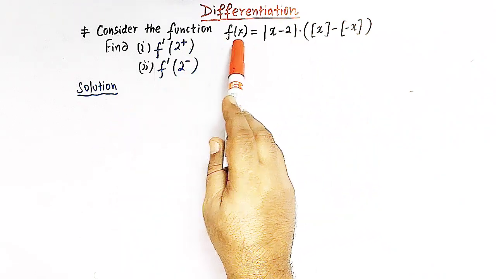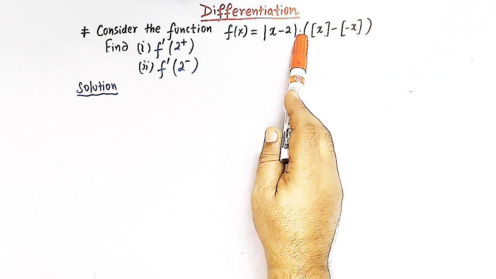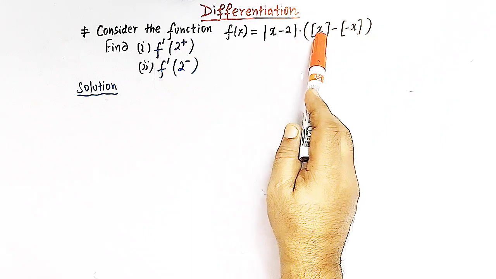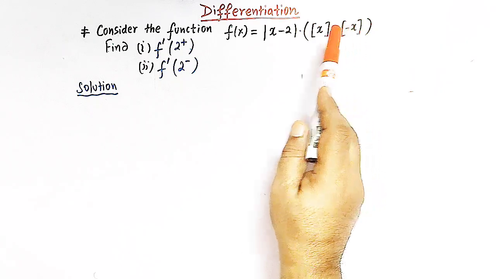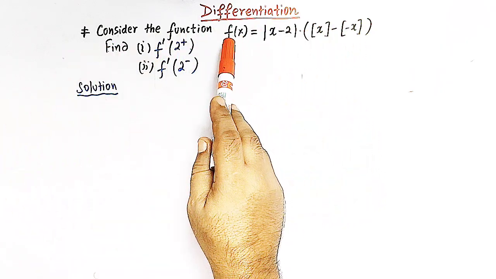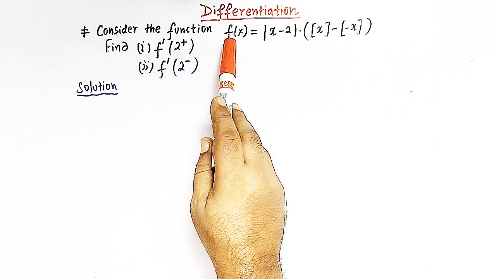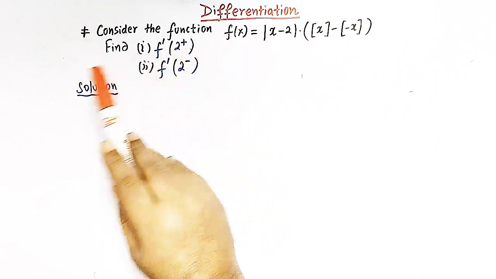And here f of x is given as the mod of x minus 2 multiplied with greatest integer of x minus greatest integer of minus x, and we have to find out the value of the derivative of this function f of x at 2, right?